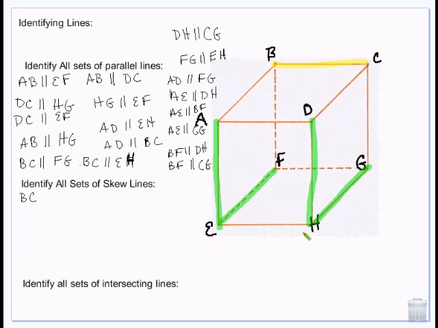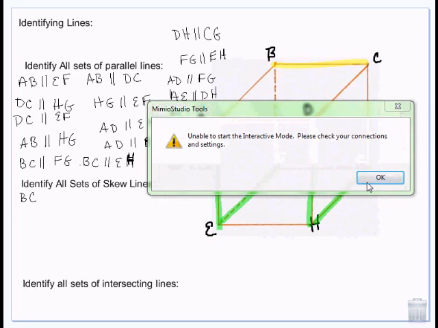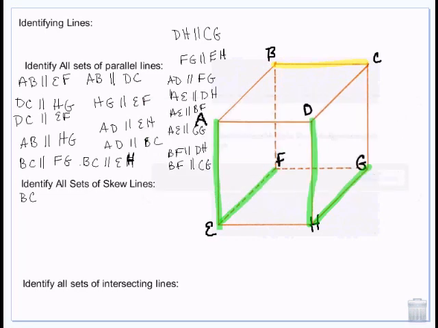What's the symbol for skew? Is it one? Did I just put a comma or what? Hold on. Okay, so guys, BC is skew to AE, EF, DH, and HG.